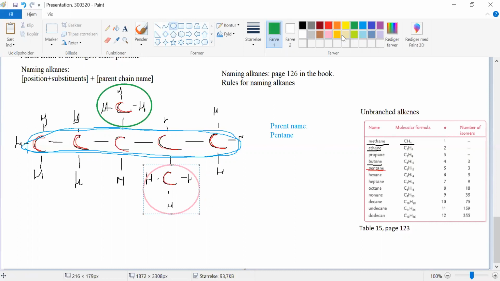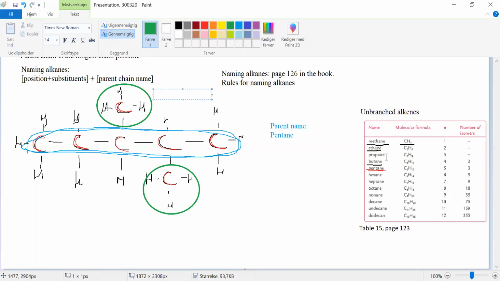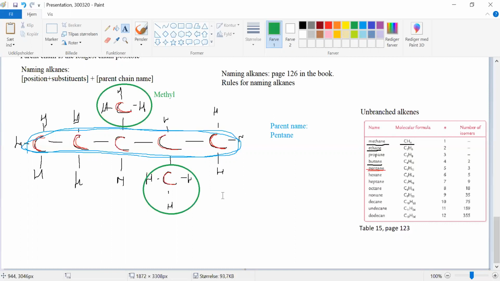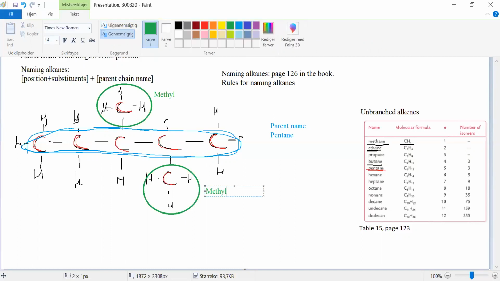That's the alkyl groups. And when it's 1 carbon, you take the parent name, and then you substitute the ane part of the name with yl. So it's a methyl group again. Methyl and methyl.